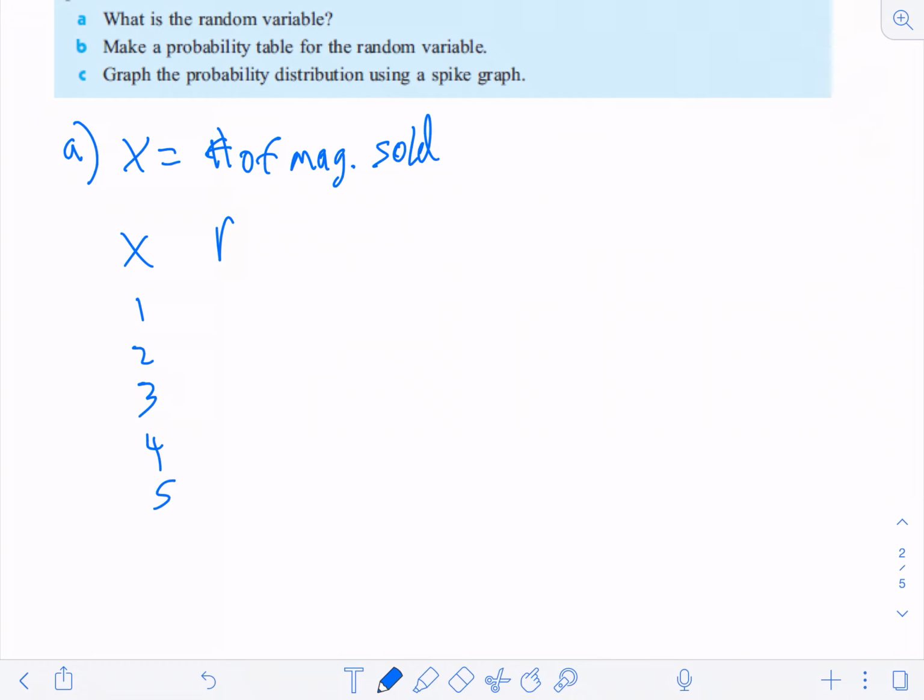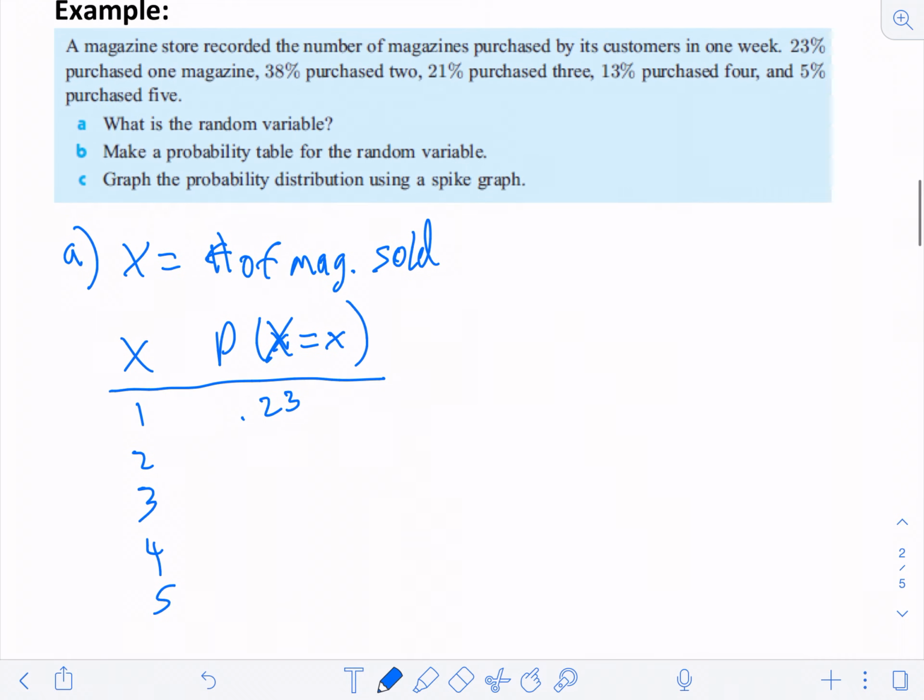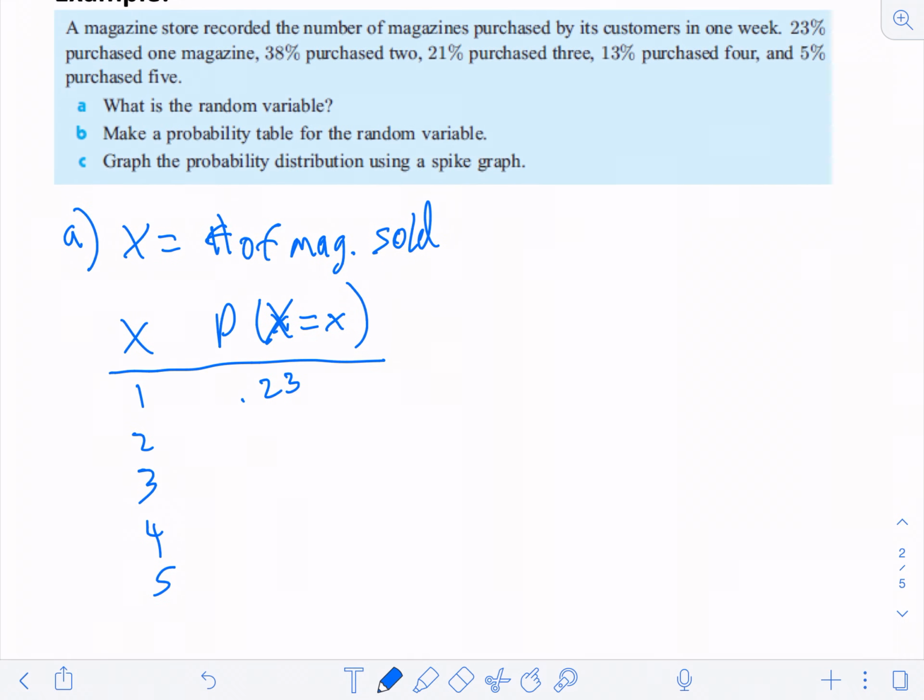And then what's the probability of x equaling that value? The probability of x equaling 1 is 0.23, since we said it's 23%. For 2 magazines, it's 38% or 0.38. For 3 magazines, it's 0.21. For 4 magazines, it's 13%. And to purchase 5 magazines, the probability is 5% or 0.05.